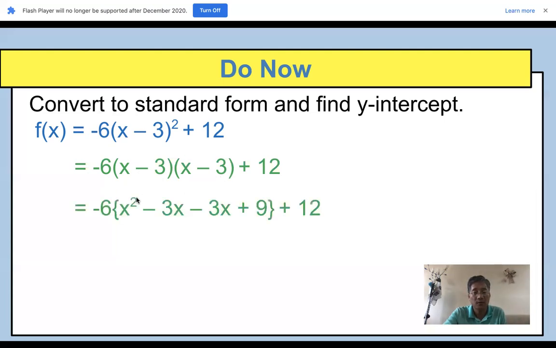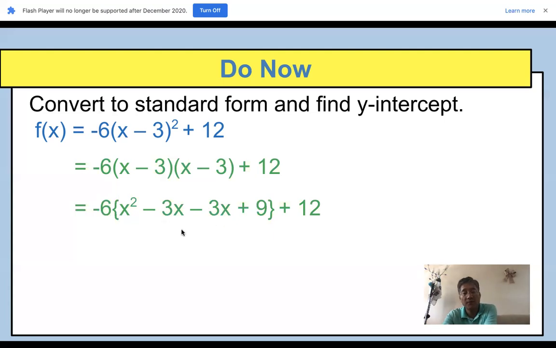So in the parentheses, you keep the negative 6 again, and x times x is x squared, x times negative 3 is negative 3x, and then move to the negative 3. Negative 3 times x is negative 3x, negative 3 times negative 3 is positive 9, and then parentheses plus 12. Now what should you do?